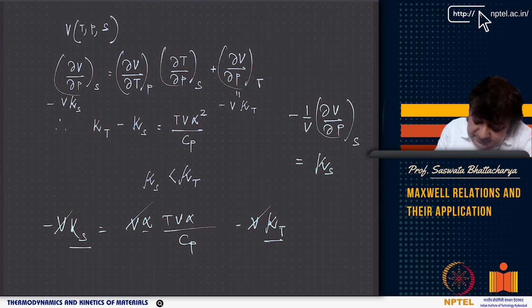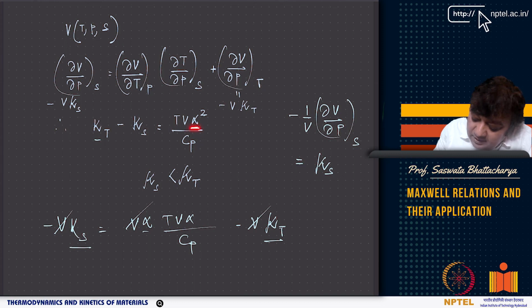Now you see these two relations, which again can be measured maybe with some difficulty, are related to some very easily measurable quantities. What are the easily measurable quantities? T by thermometer, V by measuring tape. V can be easily measured by just measuring the dimensions of the container.